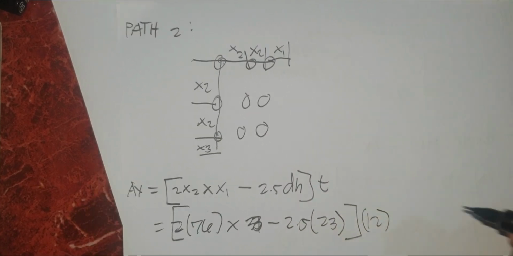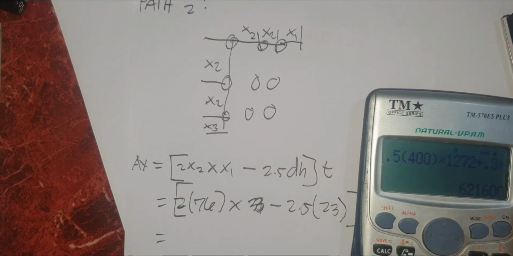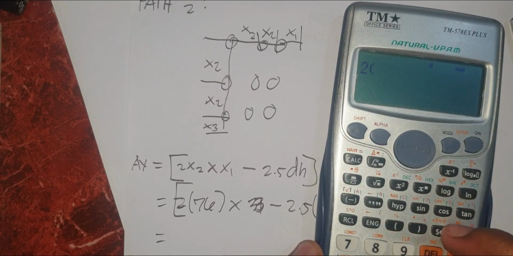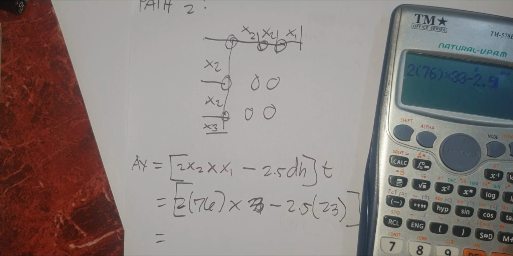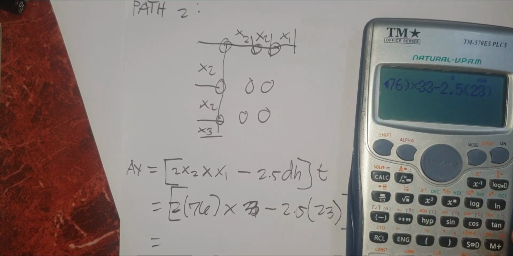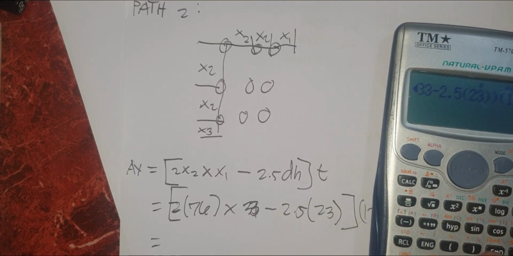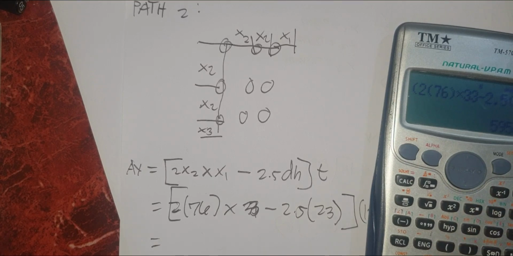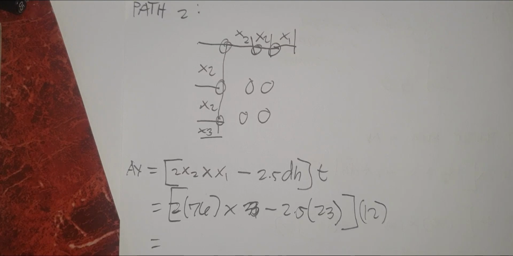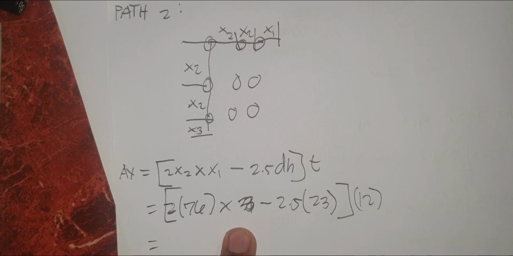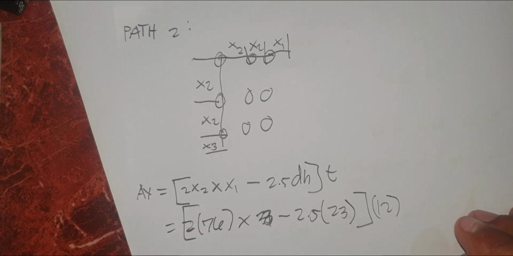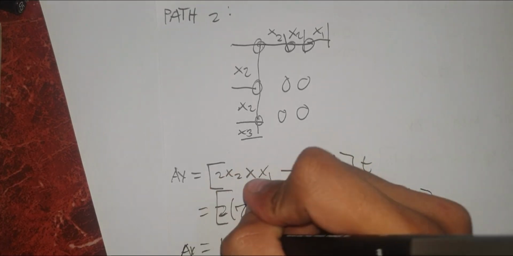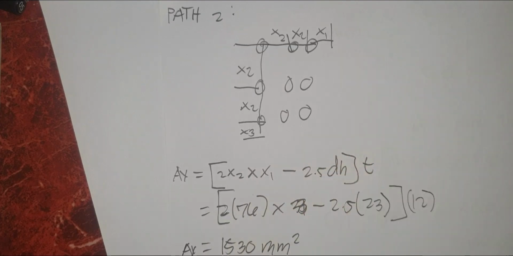And thickness is 12. So our net tensile area is 1530 mm squared.